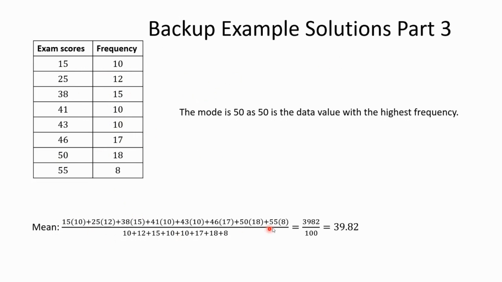So we do that big sum, and we divide by the number of data values, which is the sum of the frequencies, as you can see, which is equal to this. That's our mean. That's our mean, median, and mode.